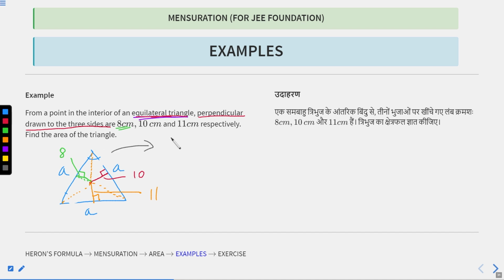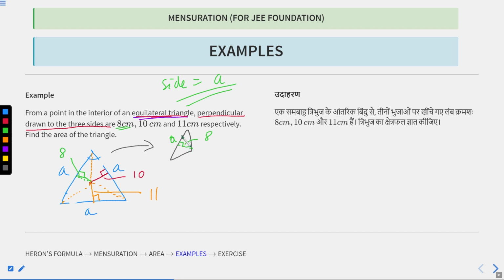First is this triangle, in which the base is A. I am assuming the side of the triangle is A, and I know the length here is 8 centimeter, which is our height.